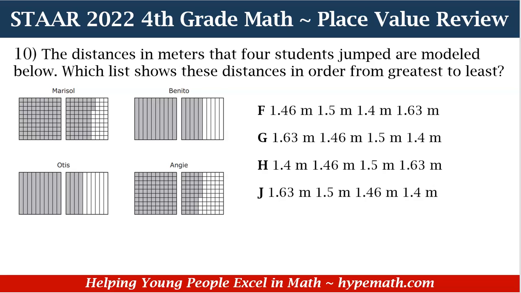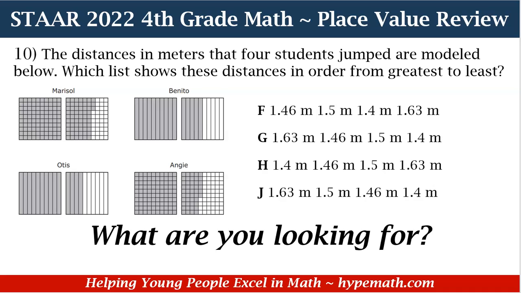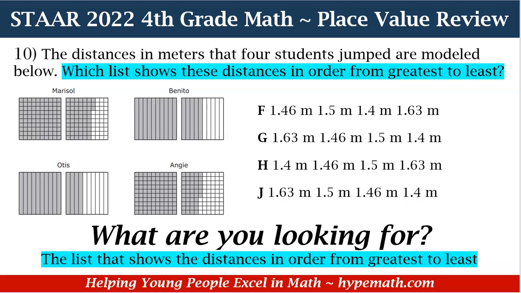Now, when we're solving problems, our first question that we need to immediately ask ourselves, a very, very important question, is what are we looking for? You can know what you're looking for whenever you look in your word problem. Look for the sentence that has a question mark. So what we're looking for is the list that shows the distances in order from greatest to least.